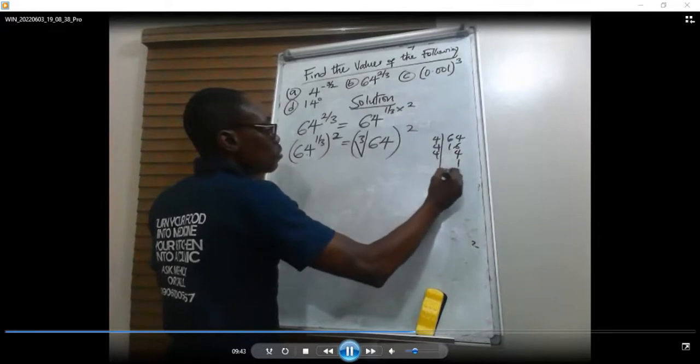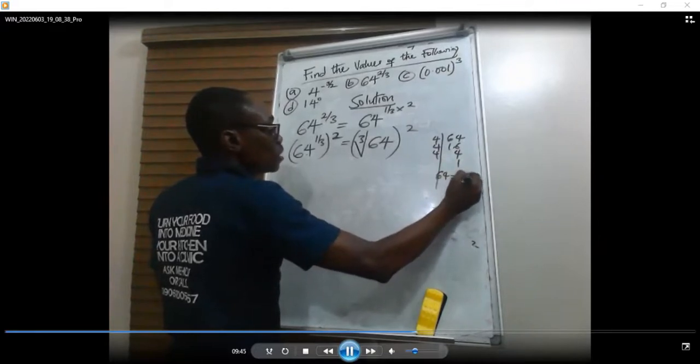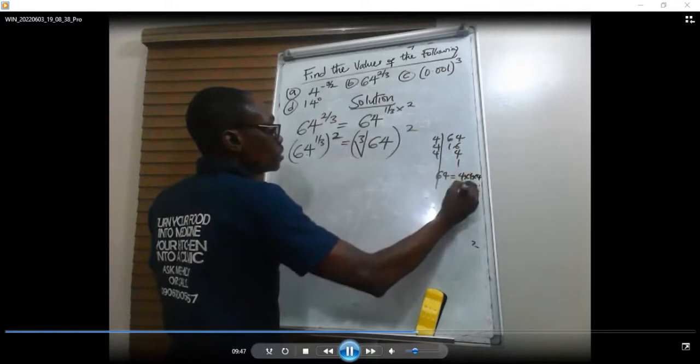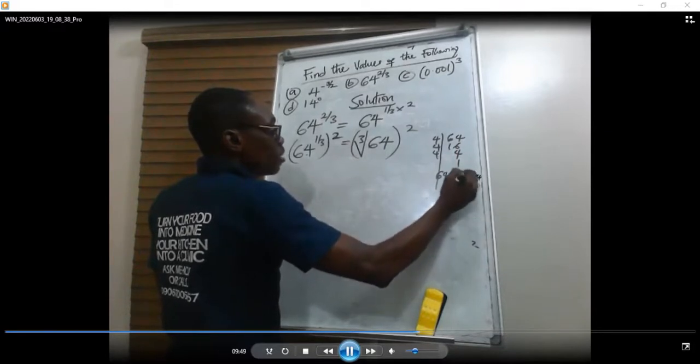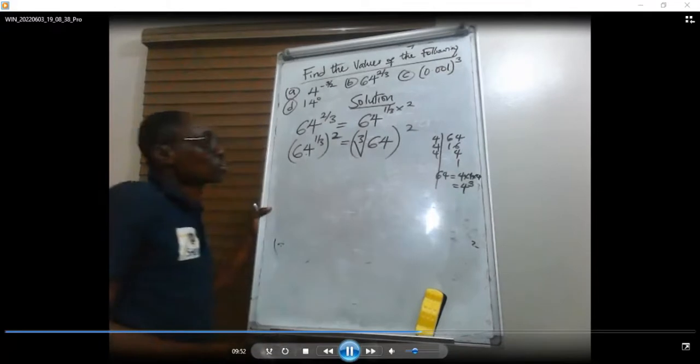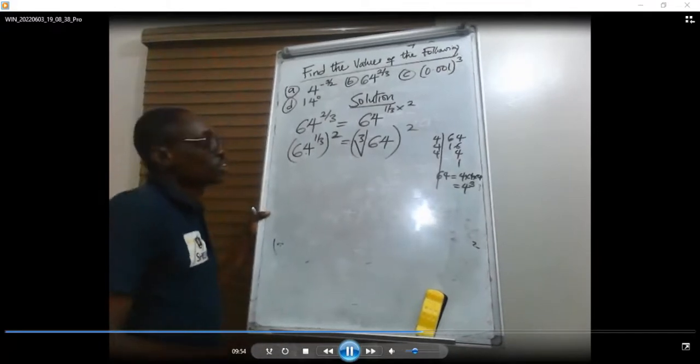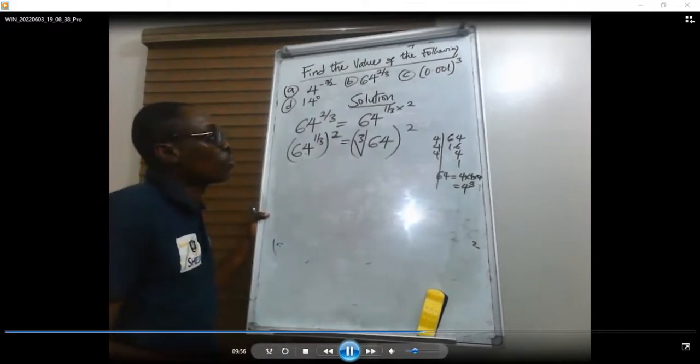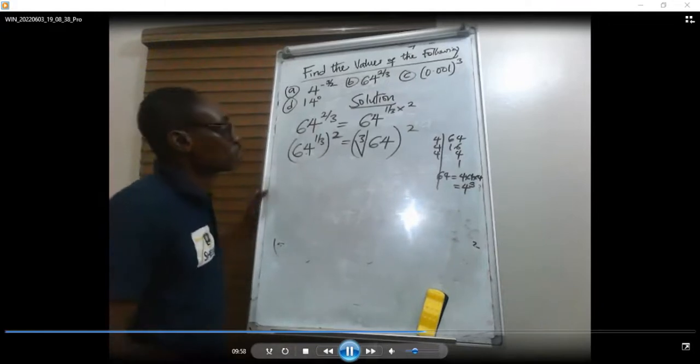So 64 is equal to 4 times 4 times 4, which is 4 raised to power 3. That is 1, 2, 3. 64 is the same as 4 raised to power 3.